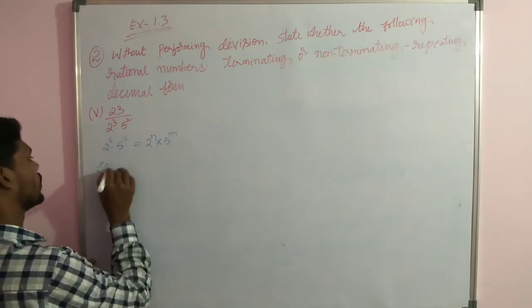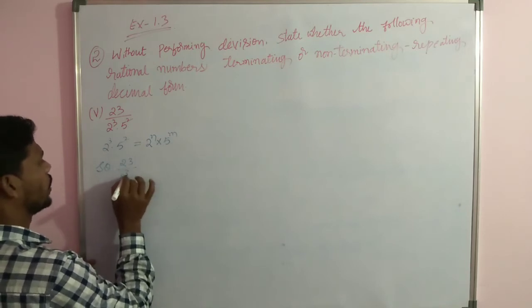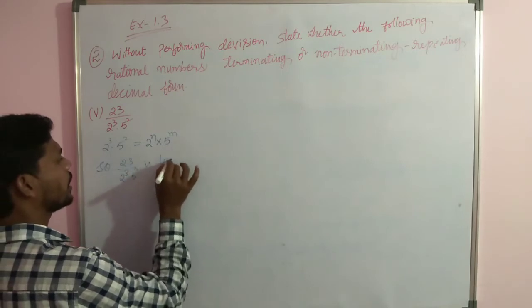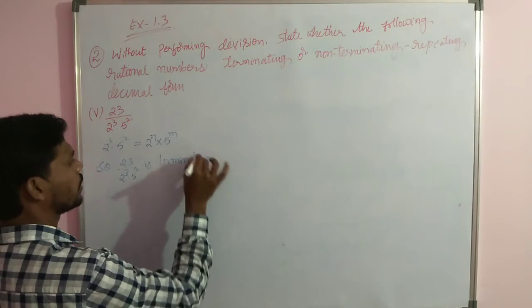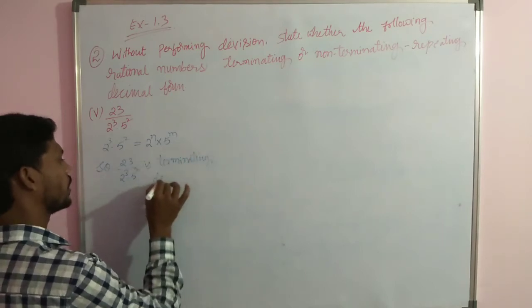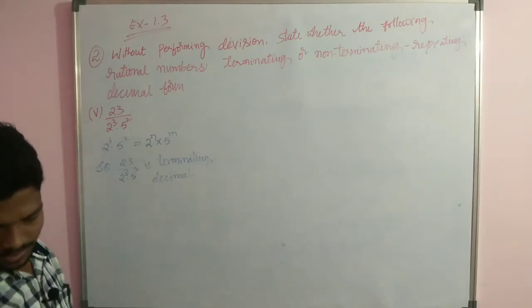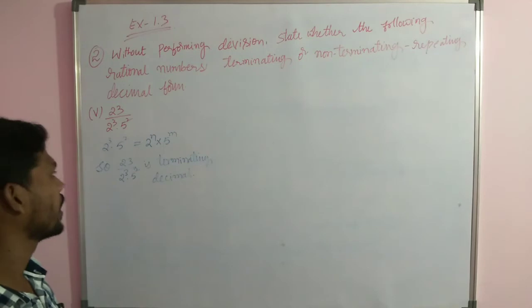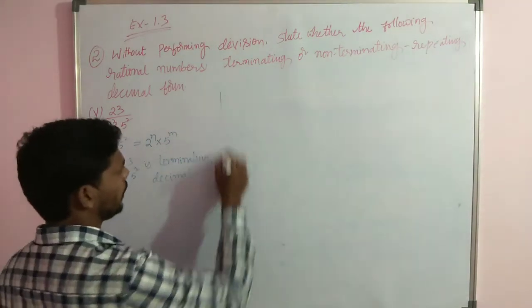So the given rational number, 23 by 2 cube and 5 square, is a terminating decimal. Directly, by observing the denominator, we can say that it is a terminating decimal.